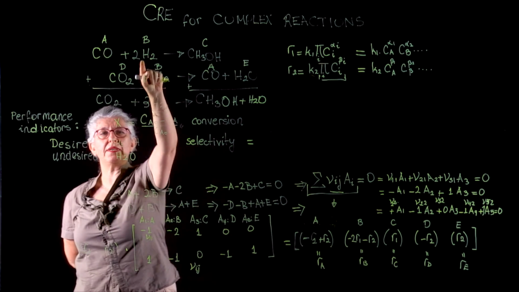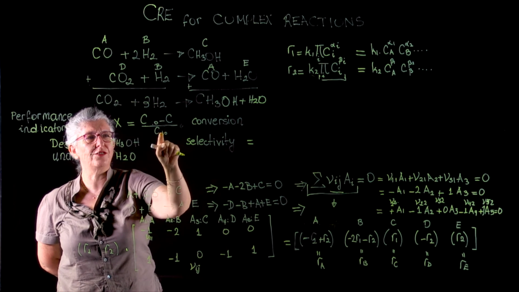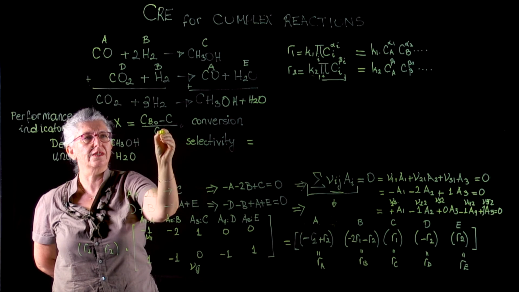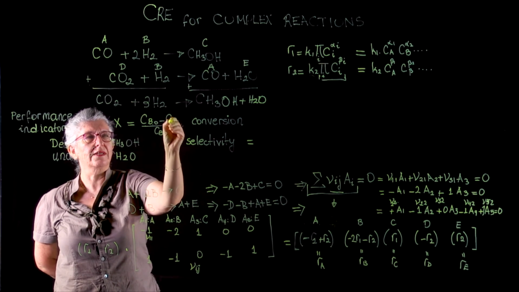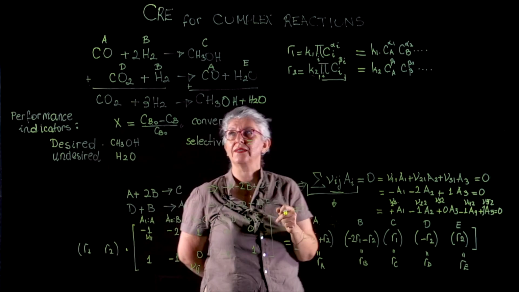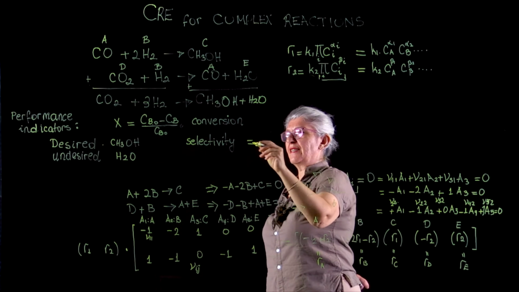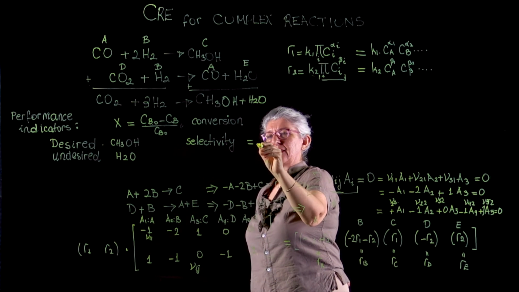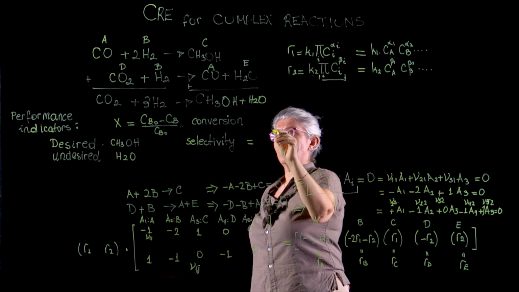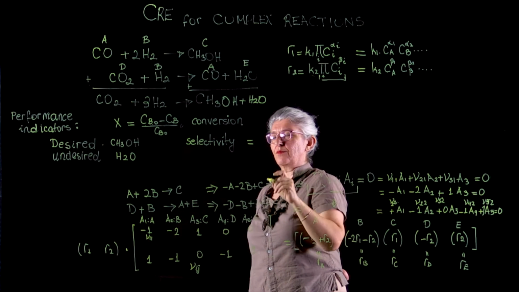So let me correct the conversion in our particular reaction for B, because it is our principal reactant in this reaction network. Selectivity is the relative amount of desired to undesired product.